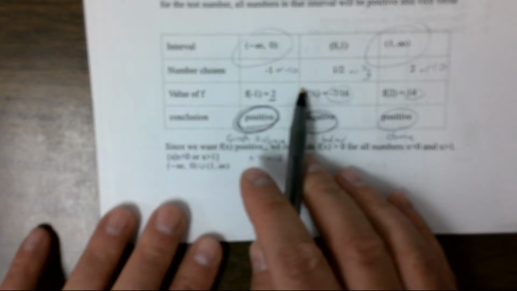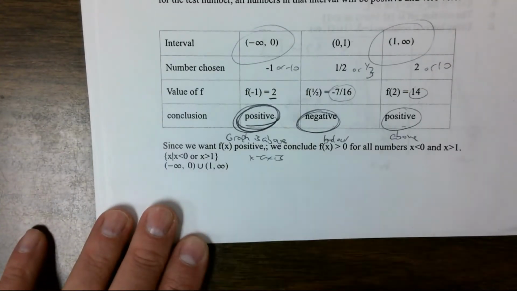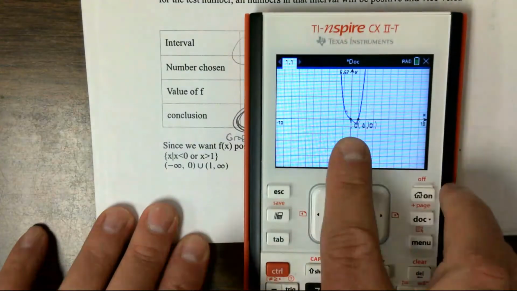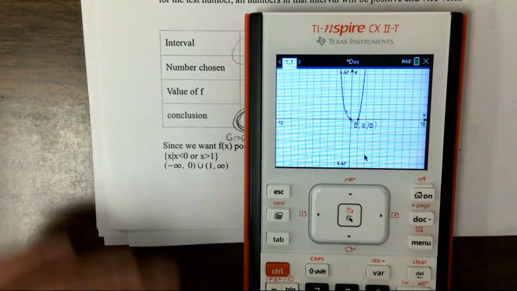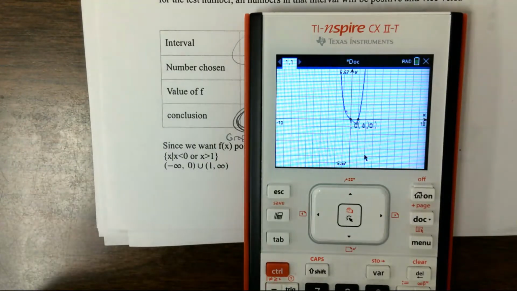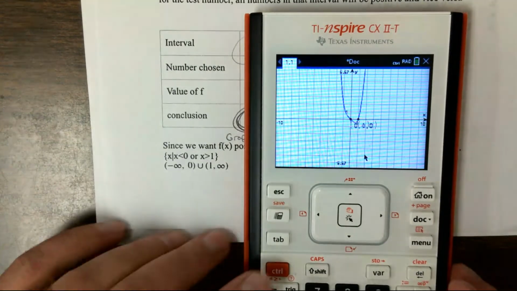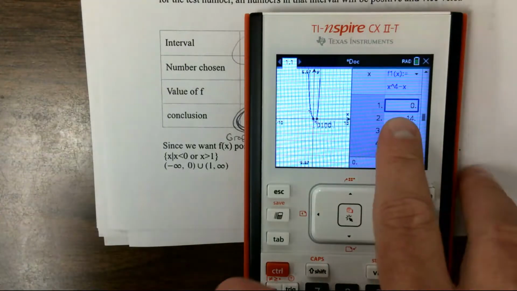Now here they're saying do a table, choose values, and so forth. And you can. I mean, there's nothing wrong with that. But you could just look at the graph and see where it's above or below. As I mentioned on the other side, you could look in the table also. So there's 1, 0.